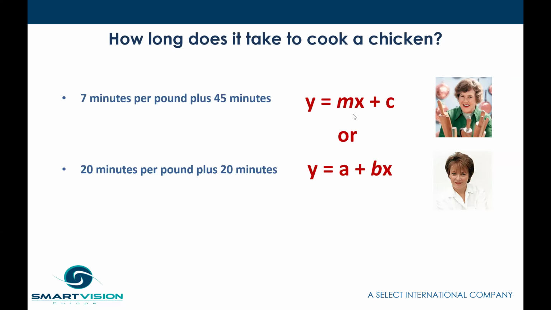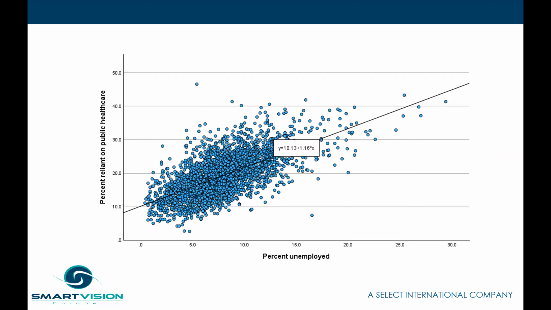So it's really useful in that sense because it helps us model the data. So when I go back to looking at my earlier scatter plot here, percent reliant on public healthcare against percent unemployed, and I put a line through it, what you'll find is that SPSS automatically gives you a linear regression equation.